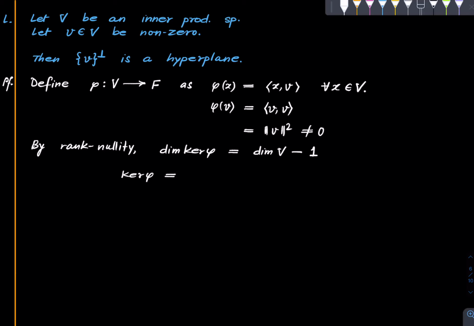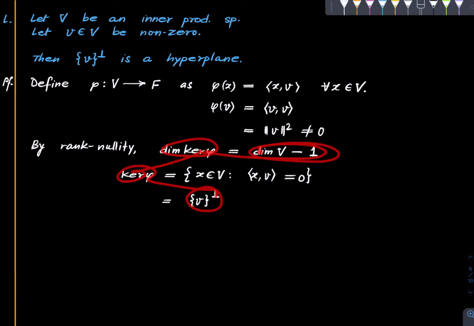Kernel phi is precisely those things which are orthogonal to V, and hence it is this. So that's it. That's the proof. This is kernel phi, and the dimension of kernel phi is this, hence kernel phi is a hyperplane. Okay.